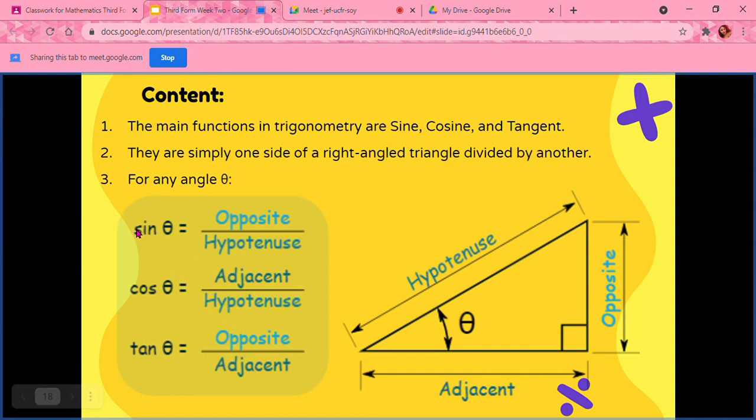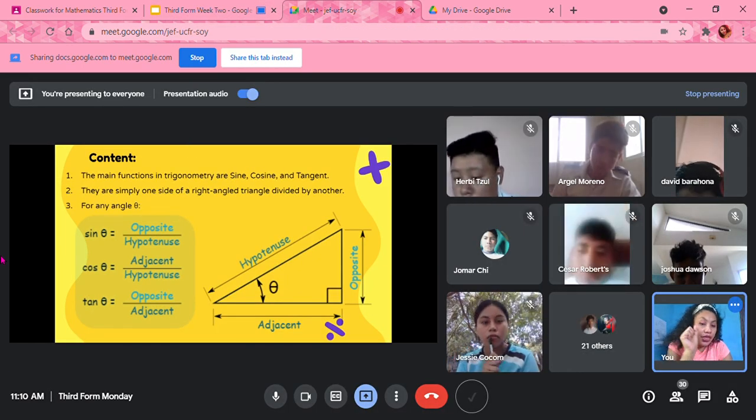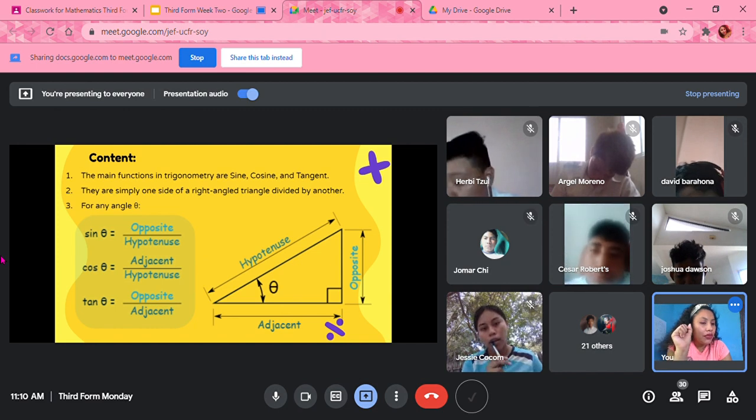So sine theta is found by putting the opposite over the hypotenuse. Cos theta is found by putting the adjacent over the hypotenuse, and tan theta is found by putting the opposite over the adjacent, right? So, how do the formulas work?